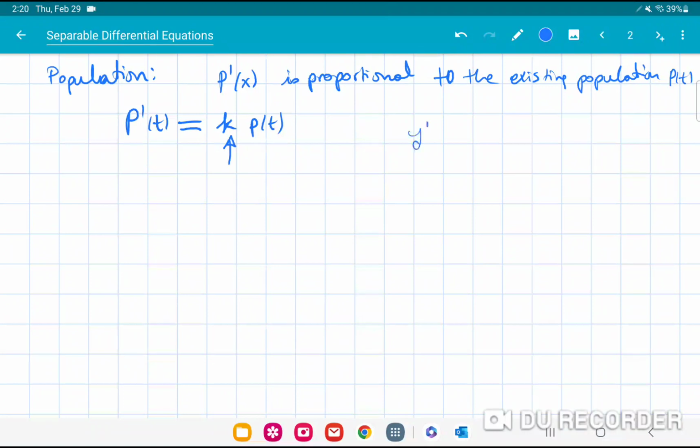This is the differential equation y prime equals k times y, much like the one we had with y prime equals 1 times y. Okay, another one is coffee.